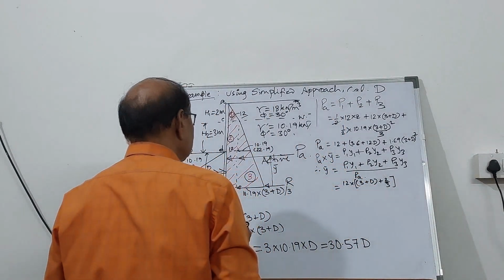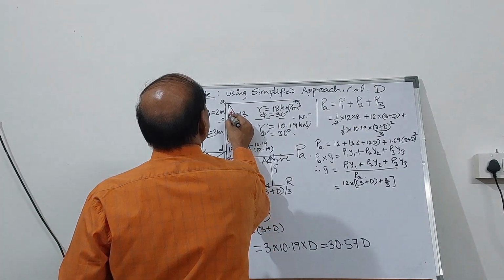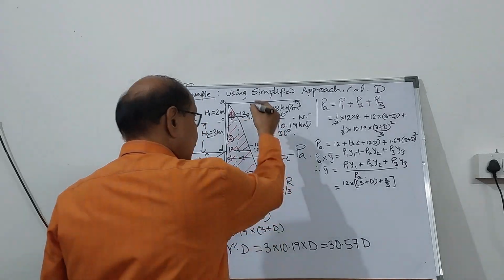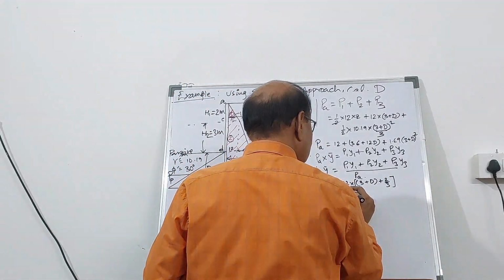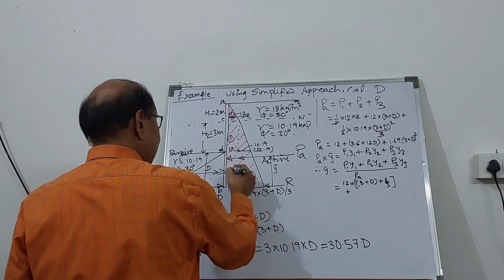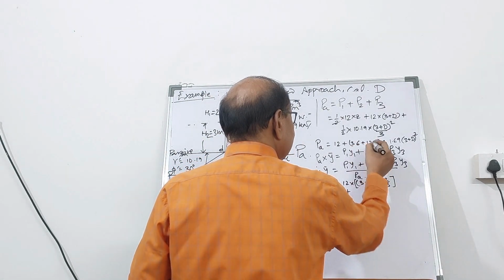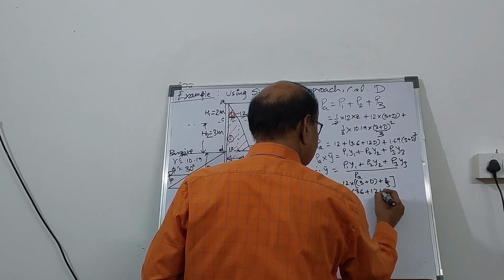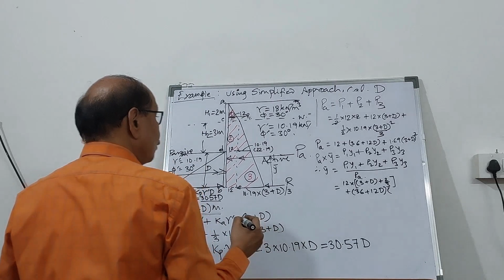This is y1 from B. So P1 is acting from B at this distance, plus P2. P2 has already been calculated as 36 plus 12D, multiplied by y2.